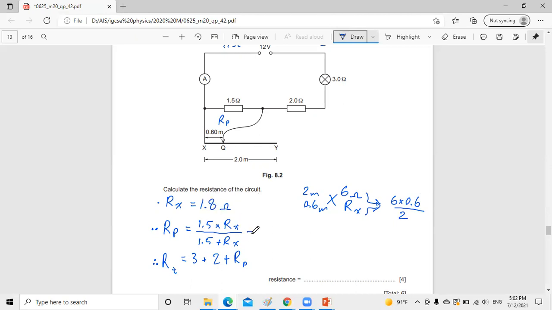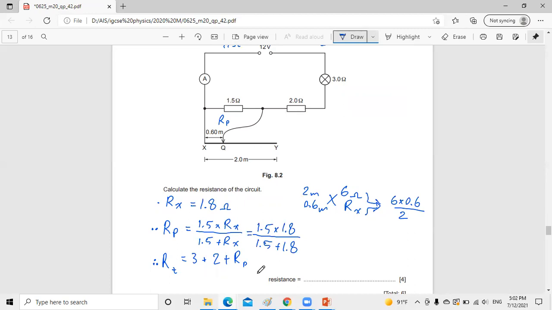So I will substitute this value here: 1.5 multiplied by 1.8 divided by 1.5 plus 1.8. Using the calculator, let me check.